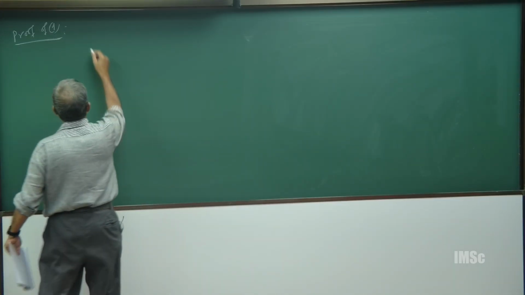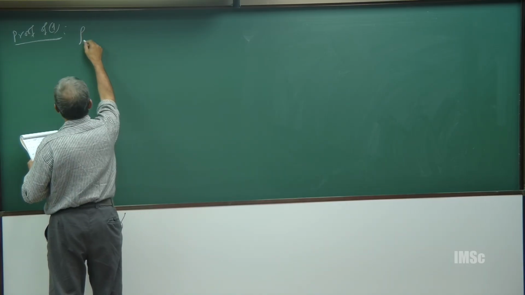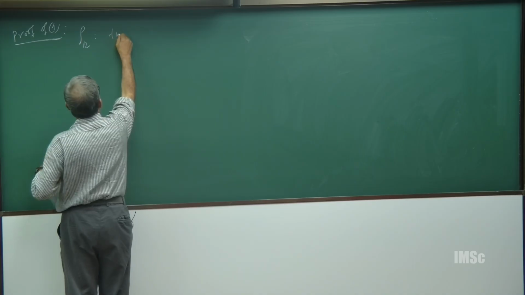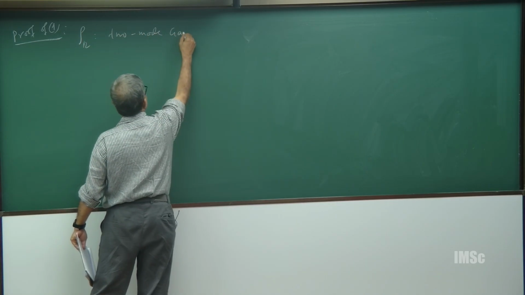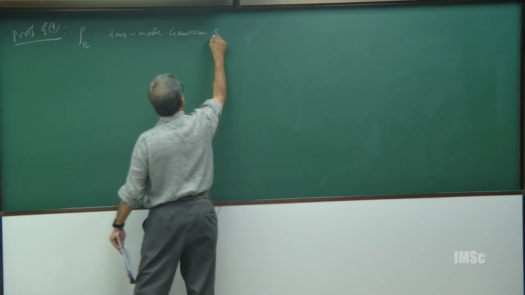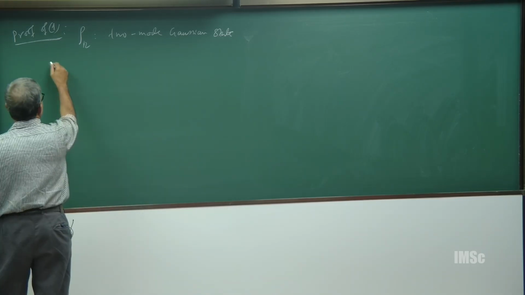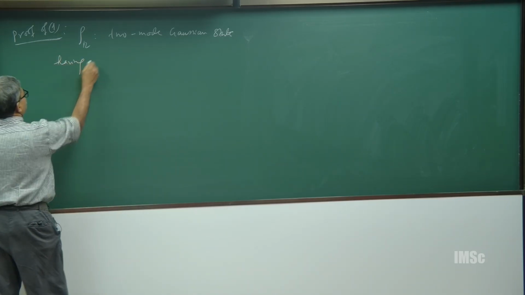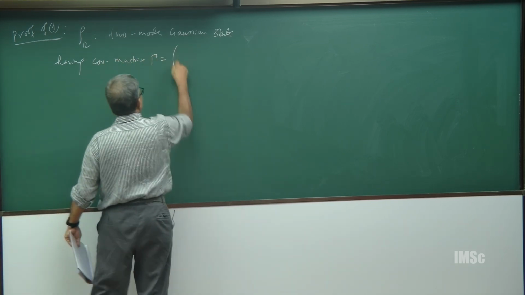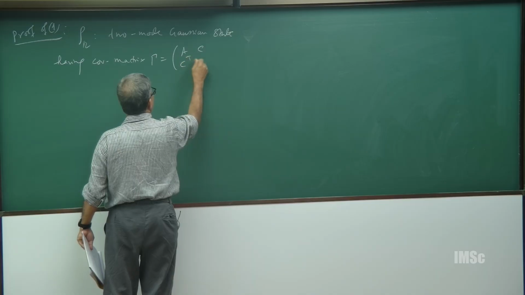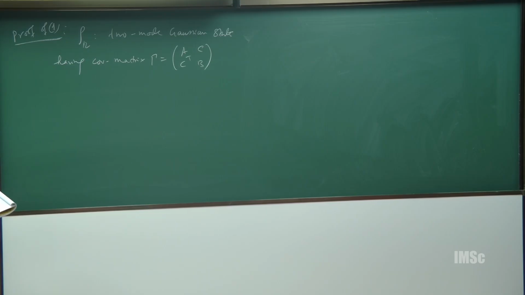So, let us take rho, a two mode Gaussian state, having covariance matrix gamma equal to A C C transpose B. This is the usual one. Okay.